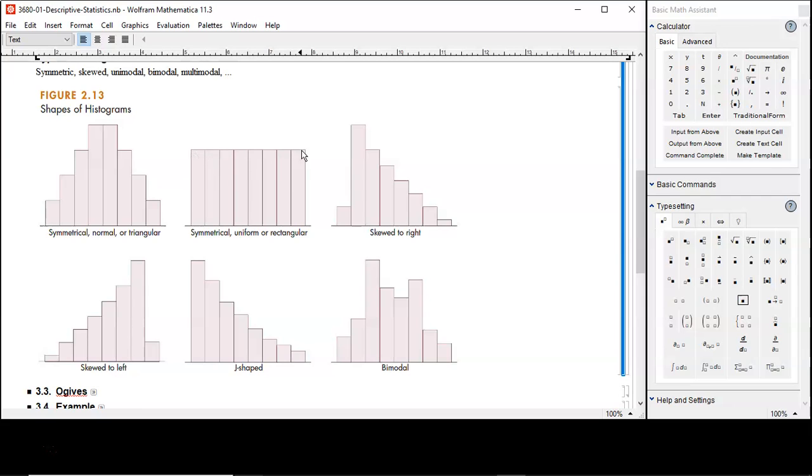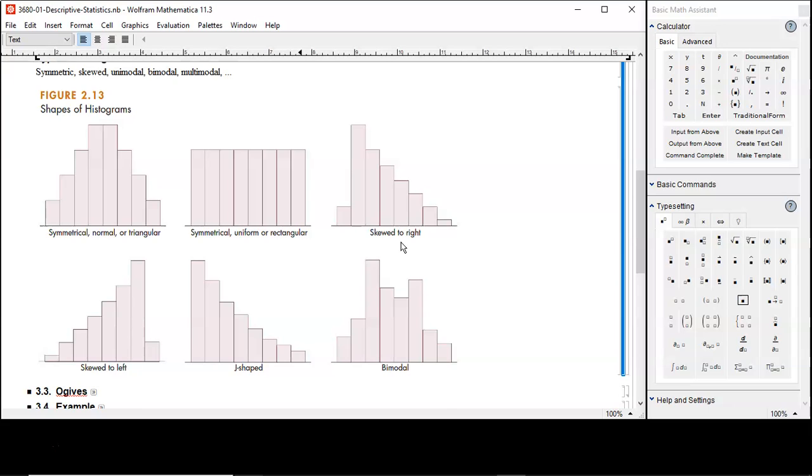Now it doesn't have to be exactly the same. Some may be a bit higher or lower, but if they're more or less even on top, it's called uniform. And then rectangular, I've never heard anybody talking about rectangular shape. Triangular I have, but rectangular I've never heard about it. Uniform is a well-established name. Now, the key is this: skewed to the right and skewed to the left.